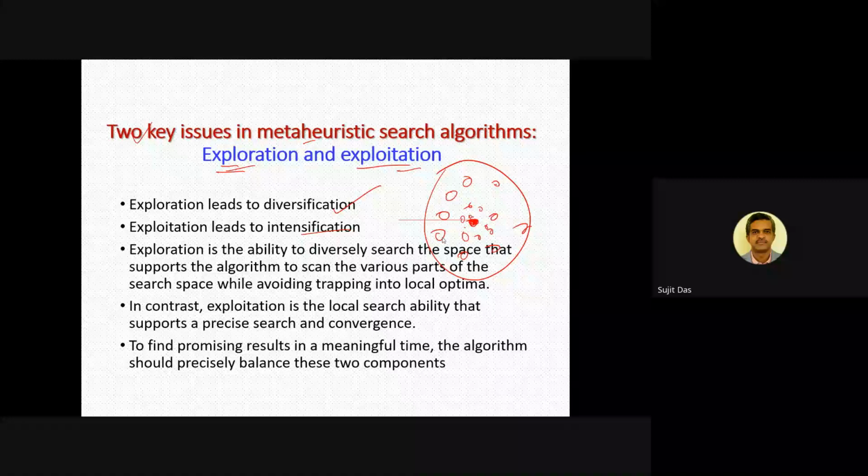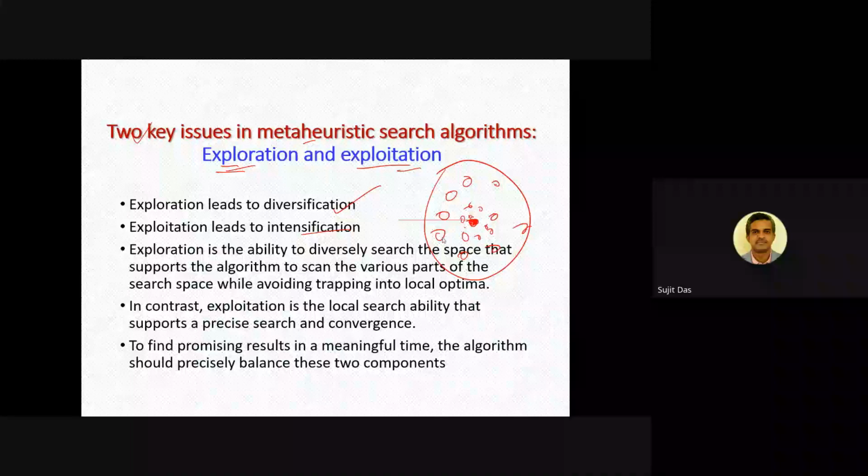So initially you need to focus on exploration. Slowly, once you are getting some good solutions, you should reduce your exploration and intensify your exploitation. Exploitation will restrict you to search nearby areas of a good solution.